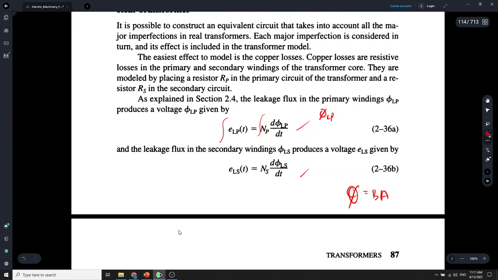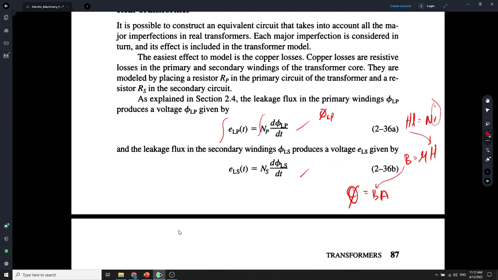B equal to mu H. H equal to what? H equal to Ni over L, right? If we replace B and H here, it will be directly proportional to I.